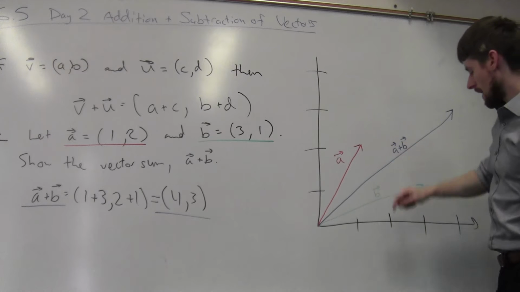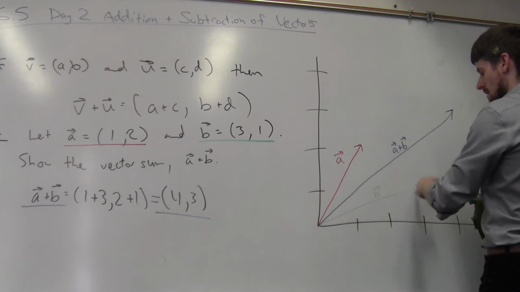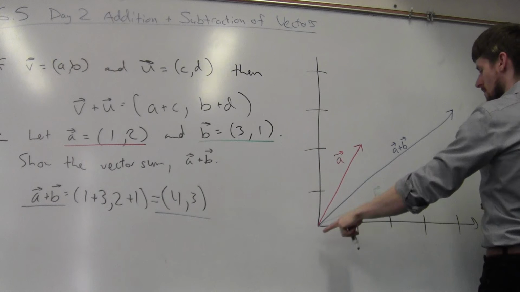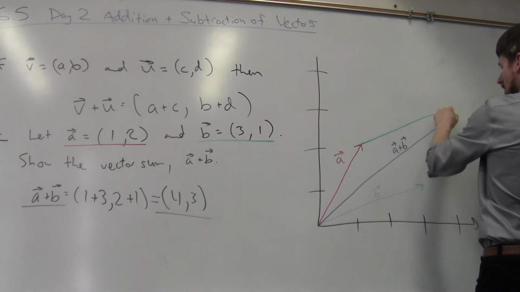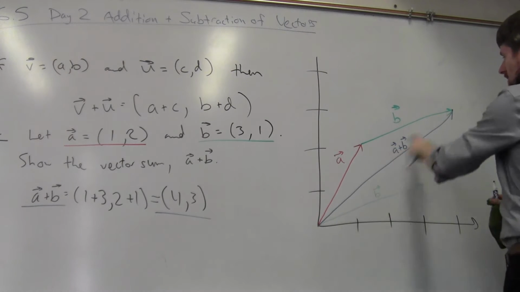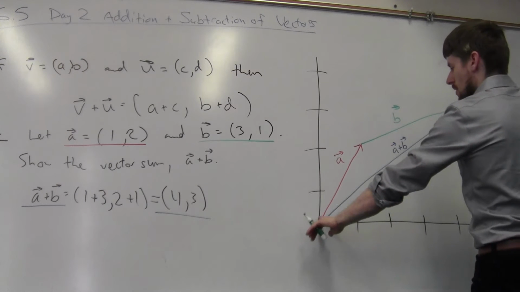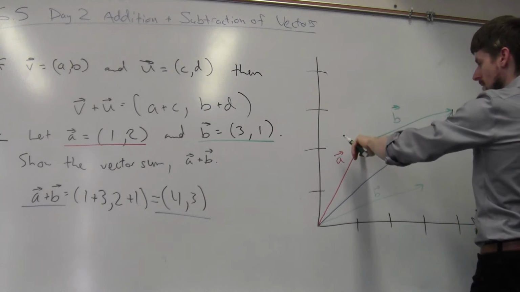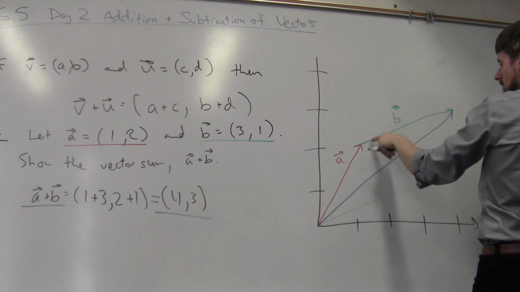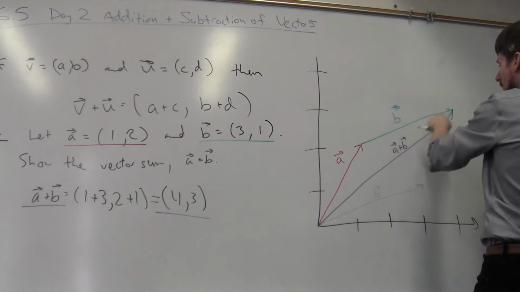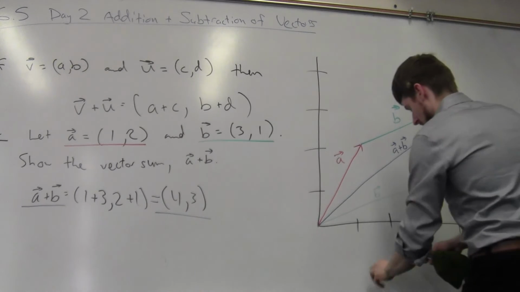Well, if I travel along A, and then I go from this endpoint here, a distance, a vector B, so I go to this point, and then I take this vector and just slide it up here, I can get to my sum vector, A plus B. So if I go to the endpoint of A, and then pretend like this is my new origin for B, and go the length of B and the direction of B from this endpoint, I wind up at the endpoint for A plus B.